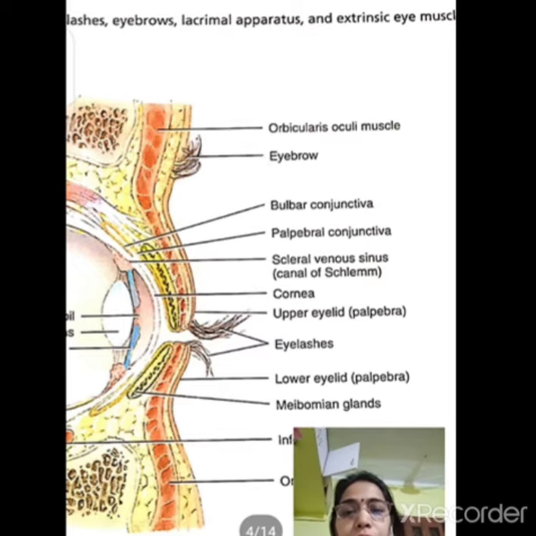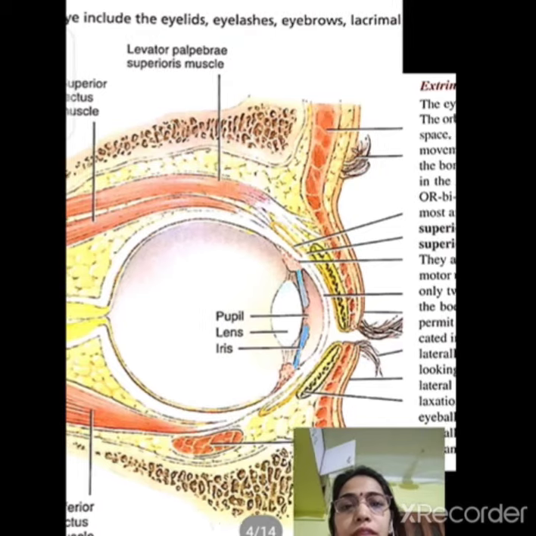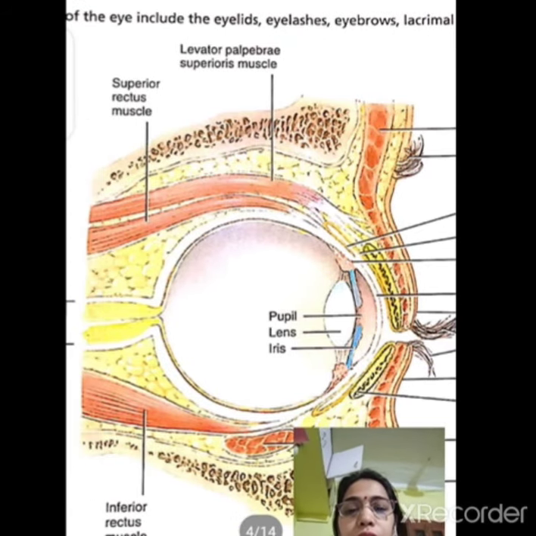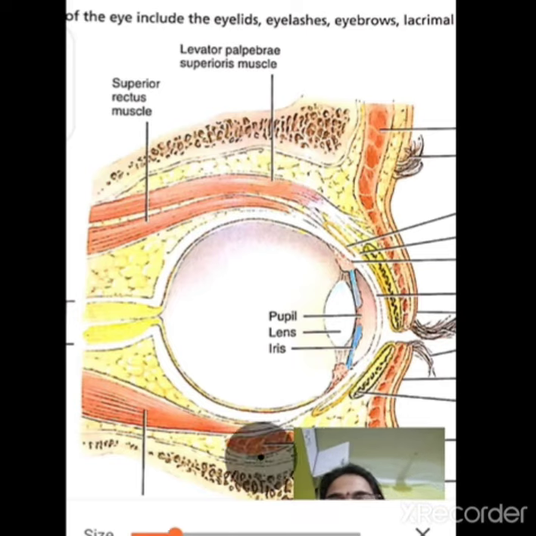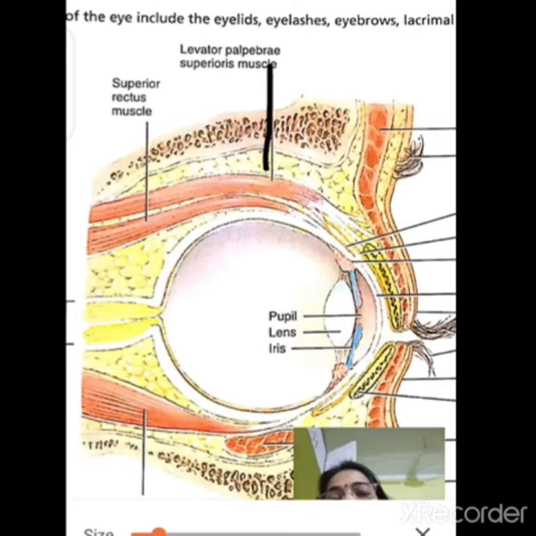Now you can see the posterior structures. Here you can see the levator palpebrae superioris muscle. Now there is the superior rectus muscle. These are the extraocular muscles.